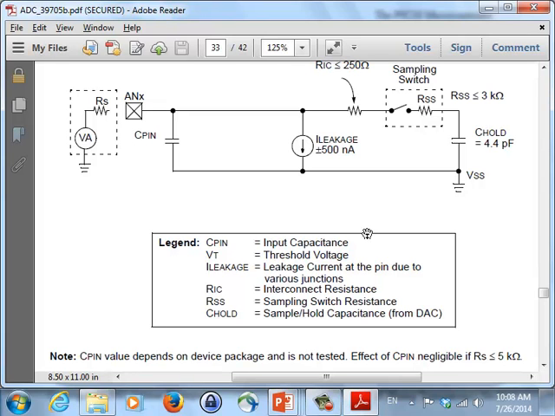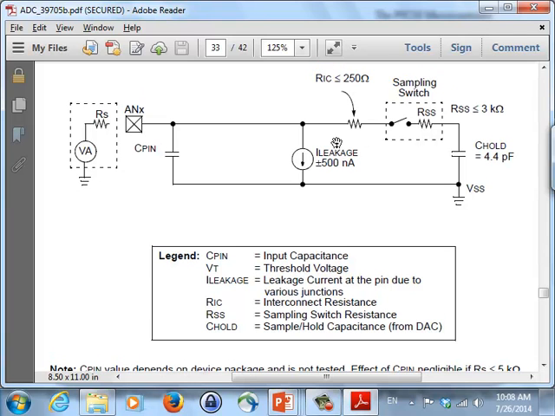So you would plug in the values of this RS, the temperature, RIC, and so on, and it would tell you you need a sampling time of, let's say, 3.3 microseconds or 5.6 microseconds. So that's the sampling time.